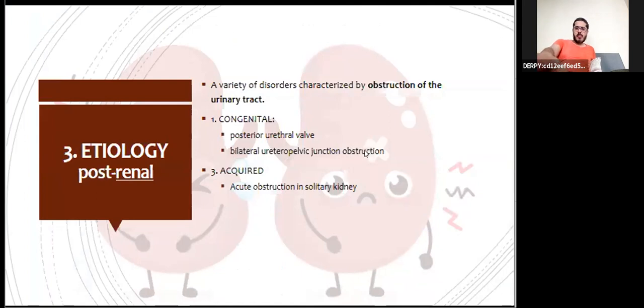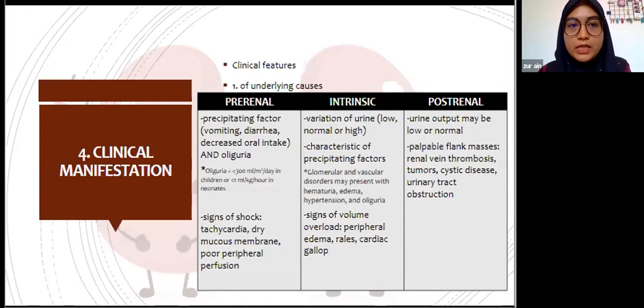Okay, for next, clinical manifestation. Basically, it is important that we take a careful history so that we can identify the underlying causes of the AKI itself. And just like the causes before this, clinical manifestation can also be divided into pre-renal, intrinsic, and post-renal.